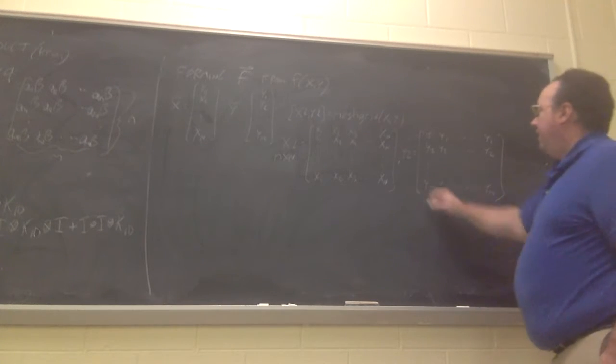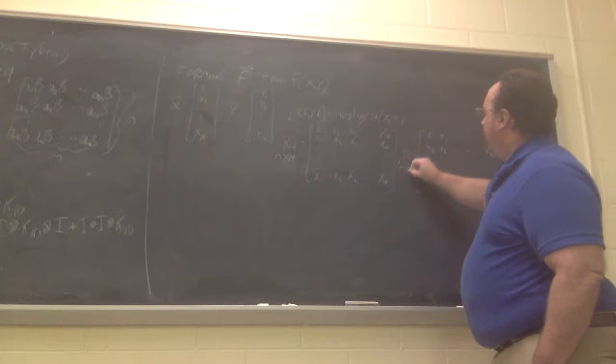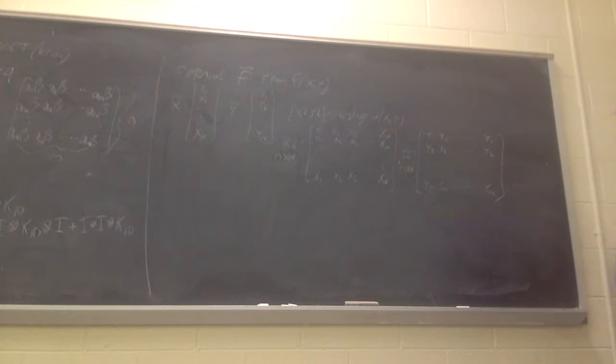Again, both matrices are m by n. So if you put the two together, you have all possible ordered pairs of x's and y's in your domain.